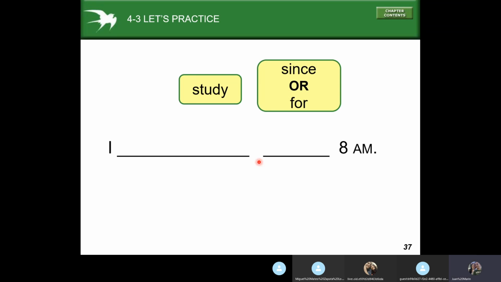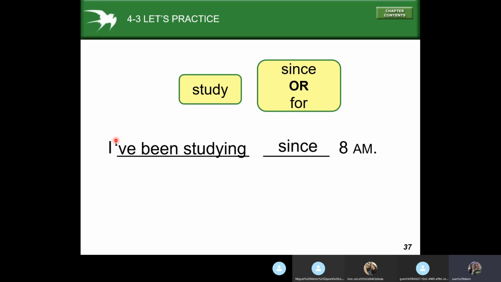What do we need? We say, I've been studying since 8 a.m. So in this case, we use the contraction.